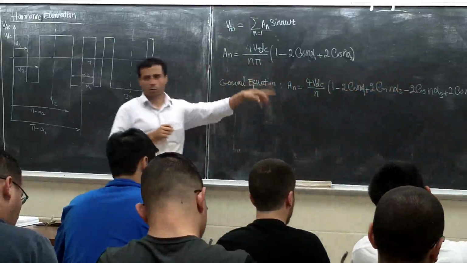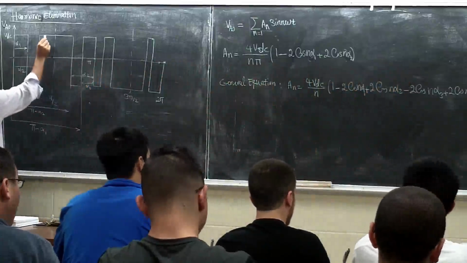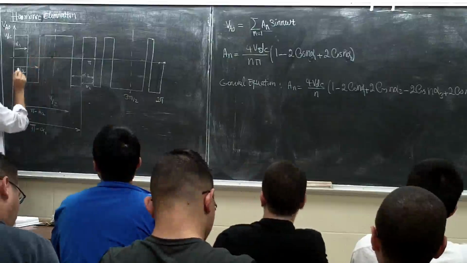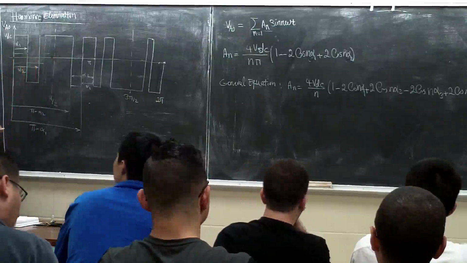So if you have more notches, for example, if you have another one here, this is the alpha 3, right? And this is the alpha 4, right?